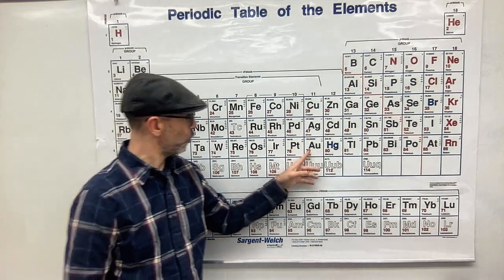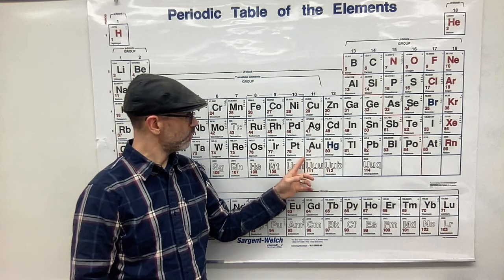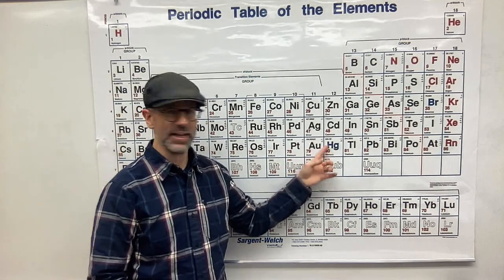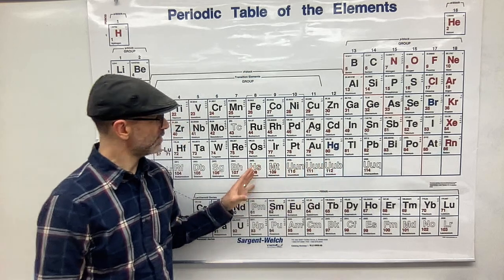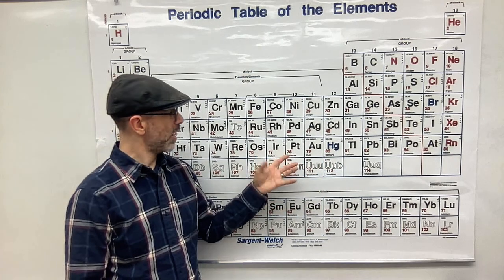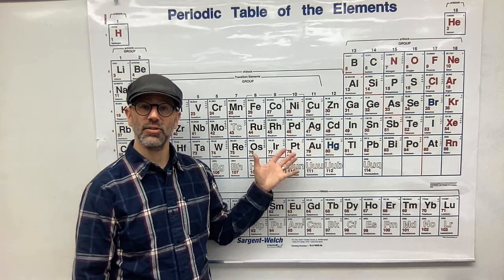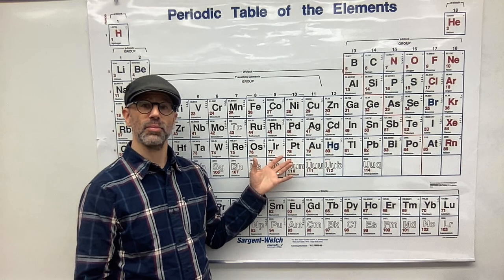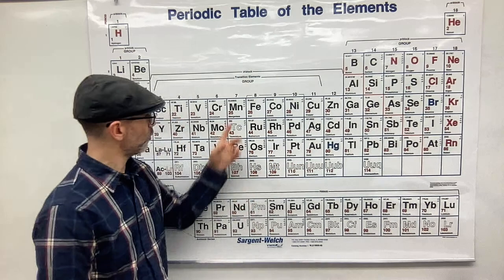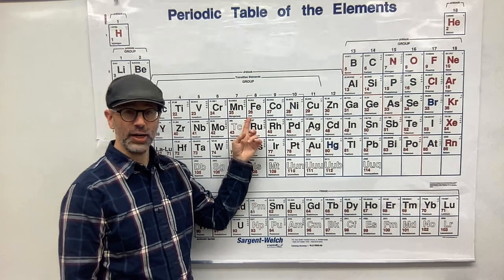Or you have gold, which is Au, right? Gold, Au, where did that come from? And mercury is Hg, right? So that's kind of weird. The reason for that is because a lot of these elements come from the Greek or the Latin names, right? So, for example, Fe is iron.